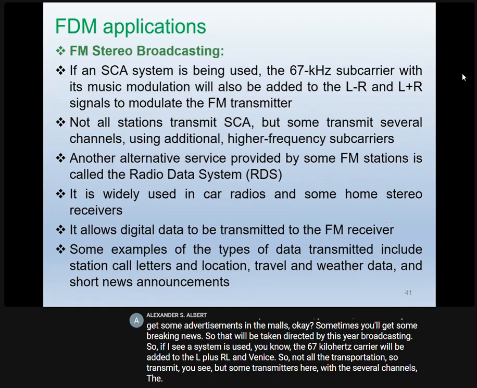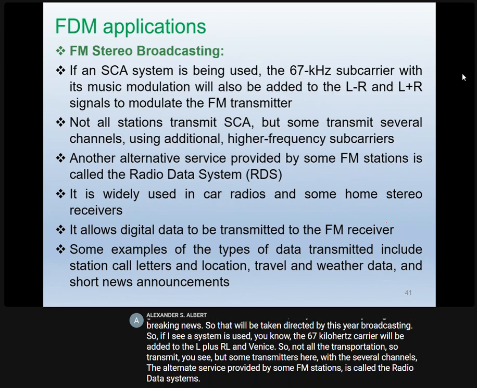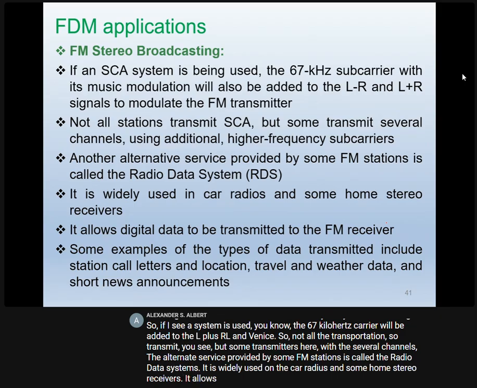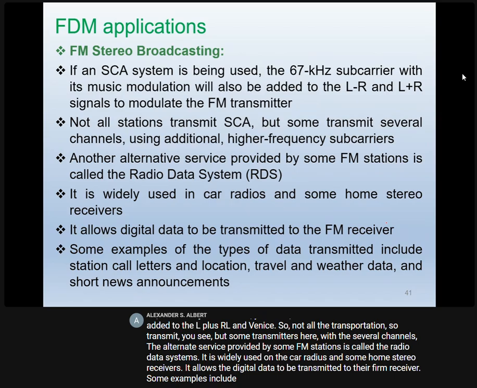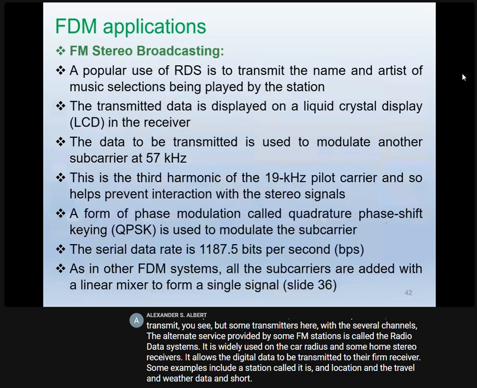The alternate service provided by some FM stations is called the radio data system, RDS. It is widely used in car radios and some home stereo receivers. It allows digital data to be transmitted to the FM receiver. Some examples include station call letters and location, travel and weather data, and short news announcements.